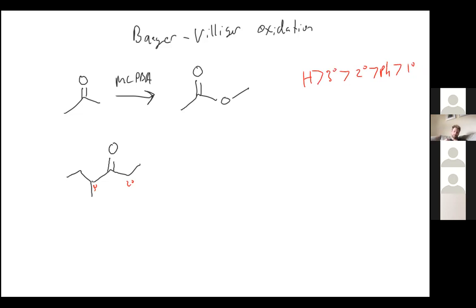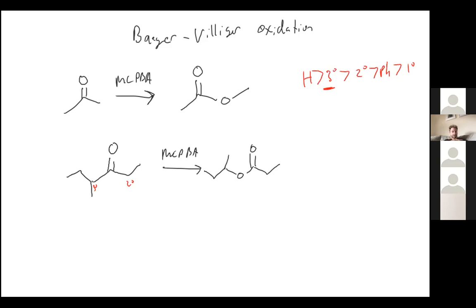So for this compound here, if I add an MCPBA, I've got a tertiary and a secondary. Taking a look at our chart, it should favor adding to the tertiary side first. So it's going to insert an oxygen here, and then we need the rest of our molecule, giving us this structure.